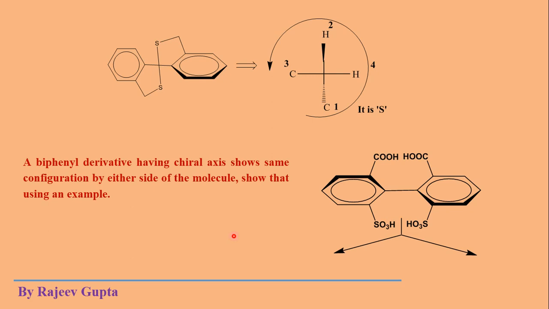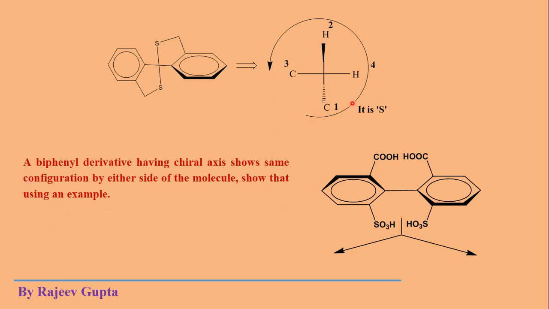Okay, now we have to check if we see the molecule towards the wedge-dash portion. Here we are seeing the molecule towards the wedge-dash portion. This horizontal portion is situated at the back side of this wedge-dash portion, and in between, the chiral axis is present, which cannot be shown in this structure.